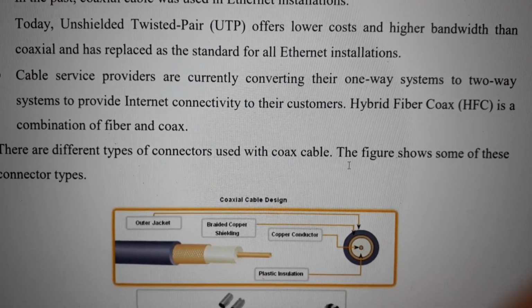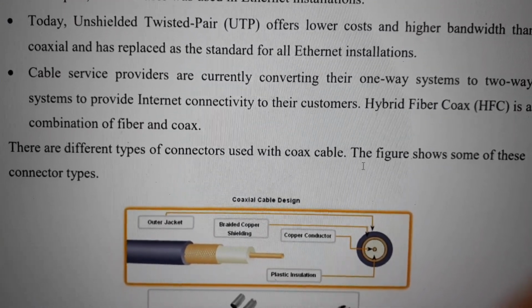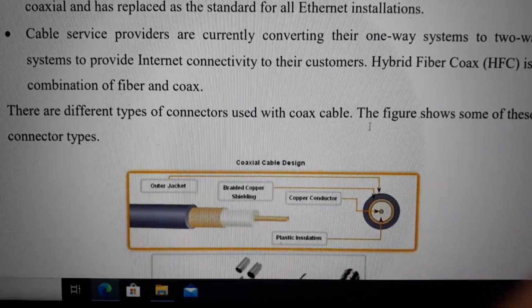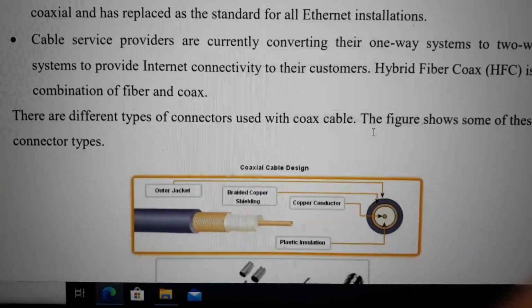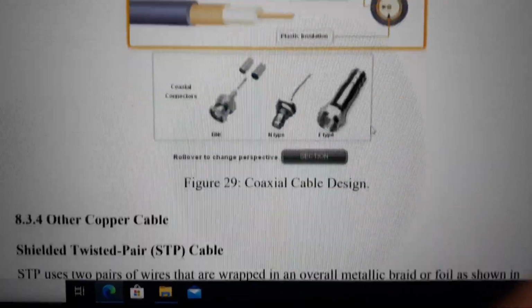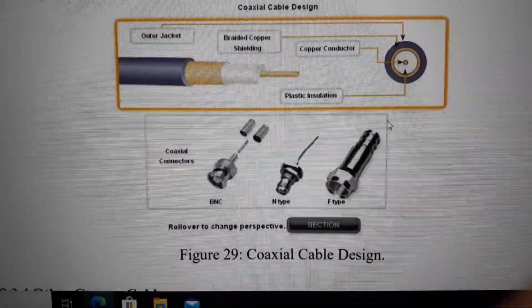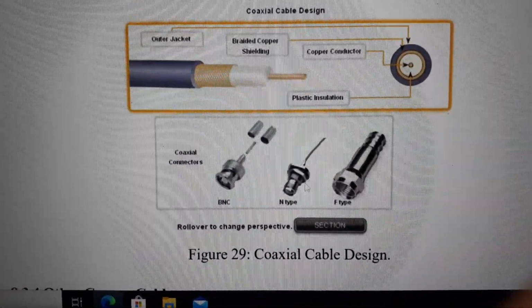Hybrid fiber coax is a combination of fiber and coax. There are different types of conductors used with the coax cable. We can see here from the figure the coaxial cable design and 3 types of conductors.